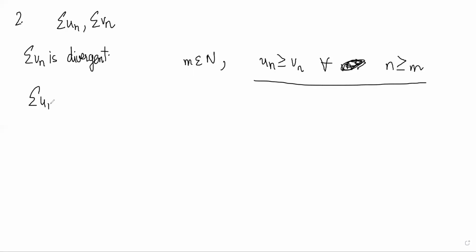Then you will say Un is divergent. It is just the opposite thing. It is saying that after a point, if all the terms are bigger than a diverging series' terms, then obviously this series is also divergent. Same theorem for divergence.